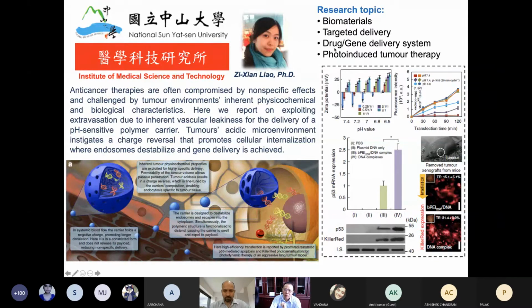So she developed a drug delivery system based on the virus, and also does photo-induced tumor therapy. So Professor Yang and Professor Liao also do some animal models to test the cancer therapy.